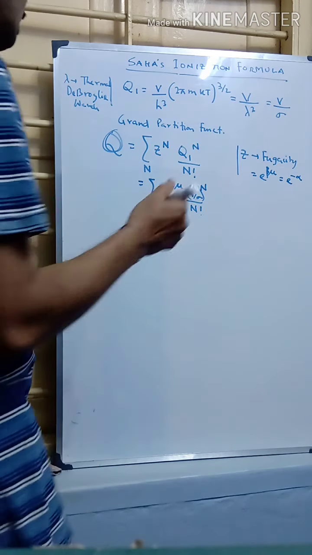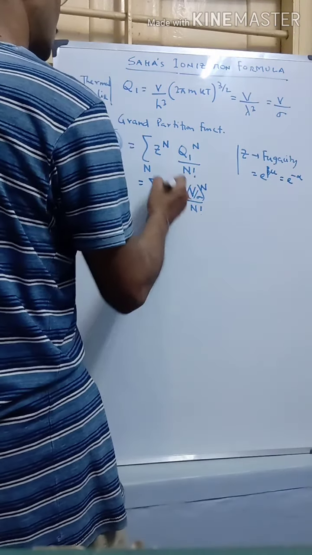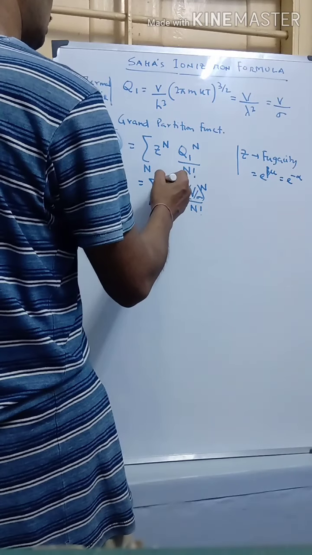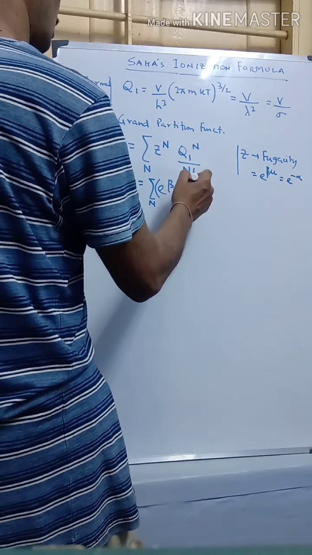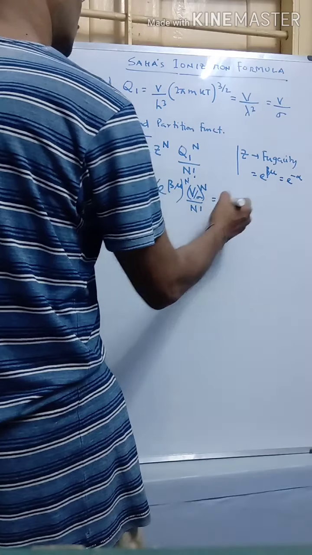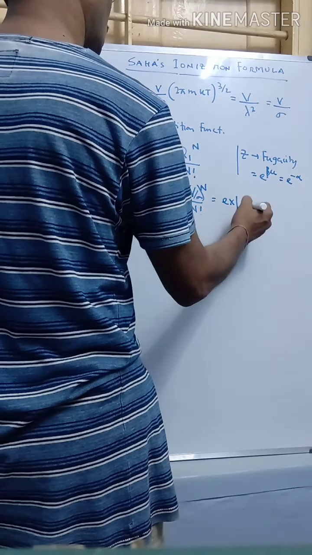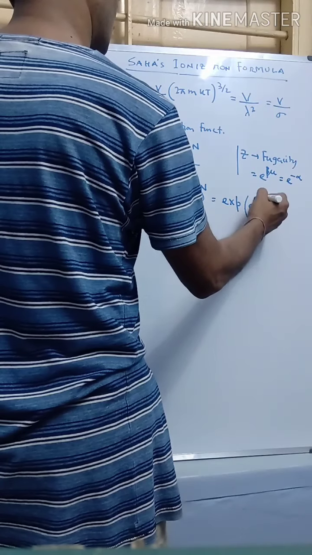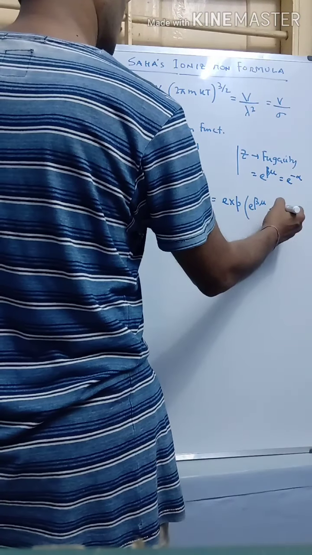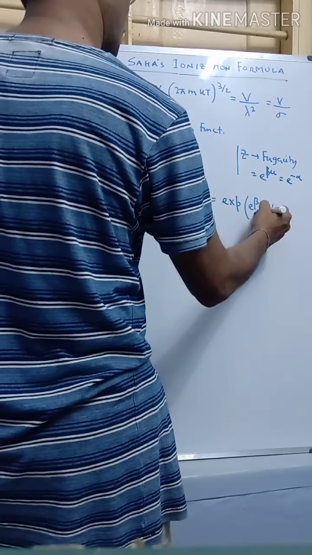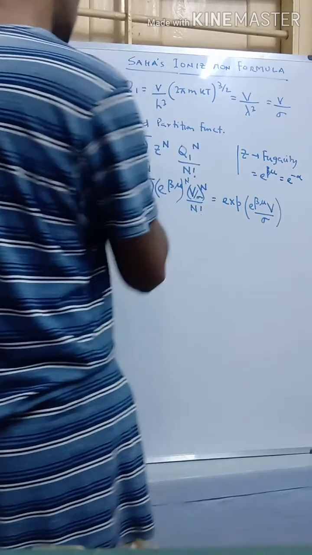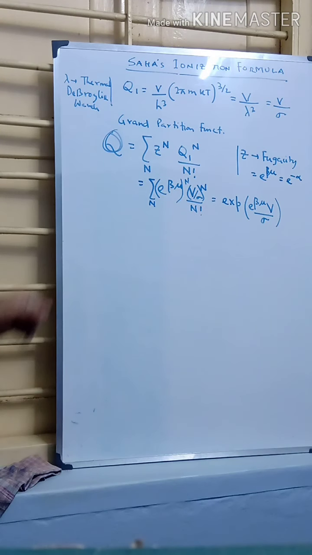So this is the summation of (e to the power beta mu, V by sigma) to the power n by n factorial, which is the exponential of e to the power beta mu times V by sigma. This is the grand canonical partition function.